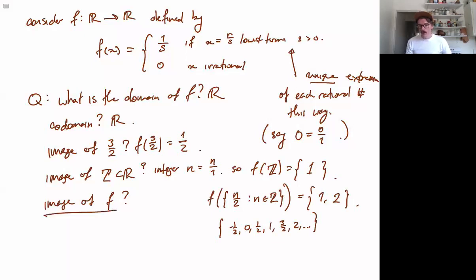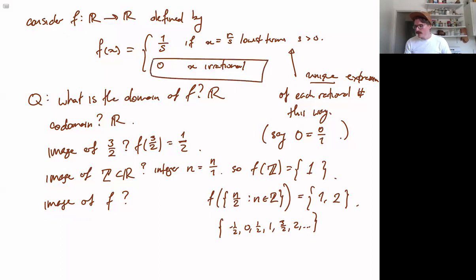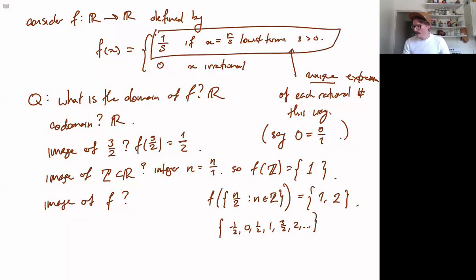And what is the image of the whole map f? Well, let's go back to the definition. It's got to include 0. And it's also got to include 1 over s, wherever we can write x as r over s, a rational number.